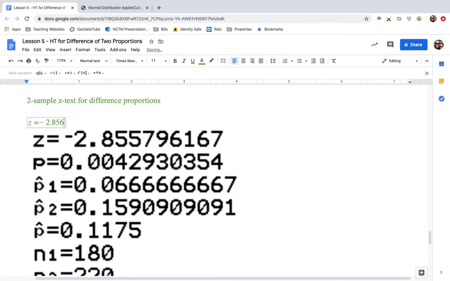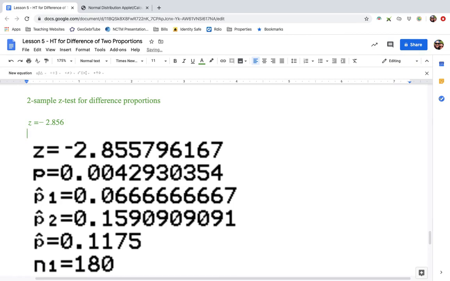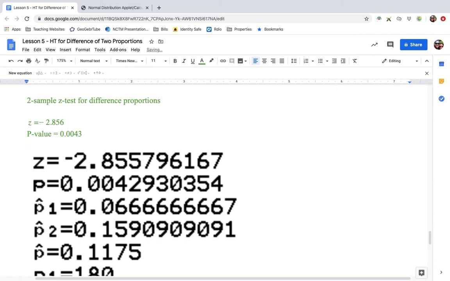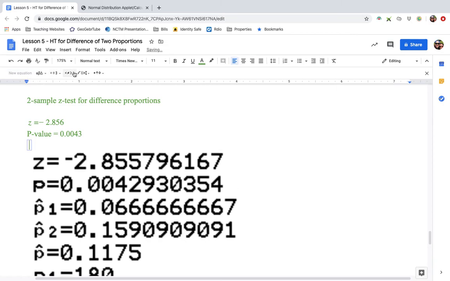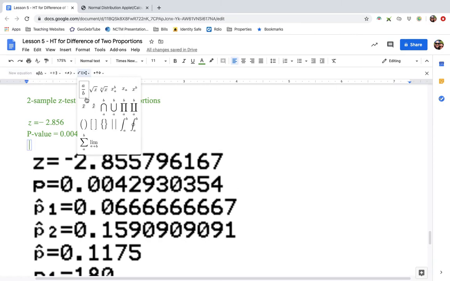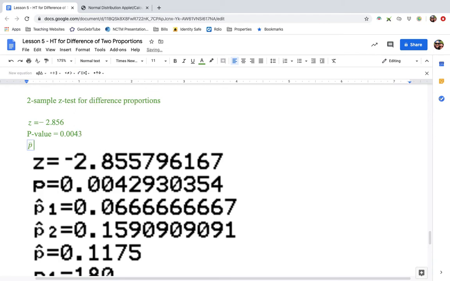You need to record your p-value, 0.0043. And you do need to record the combined sample proportion, or the pooled sample proportion of banded birds. And we denote that with little c. And that is 0.1175.